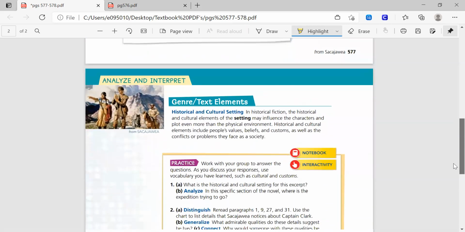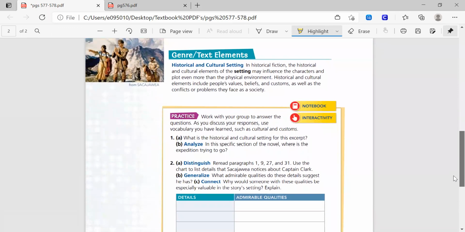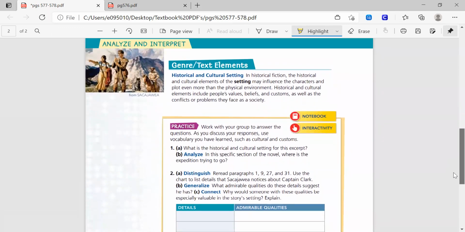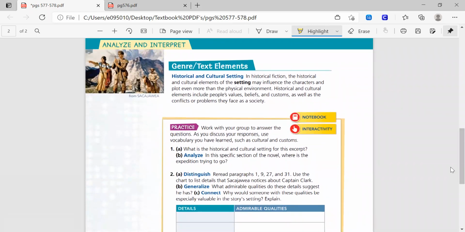Now we're going to switch to the next page, page 578. Again, you're going to need a separate sheet of paper. You can use the one that you were using on the page just above this. This is analyze and interpret genre and text elements. Historical and cultural setting.